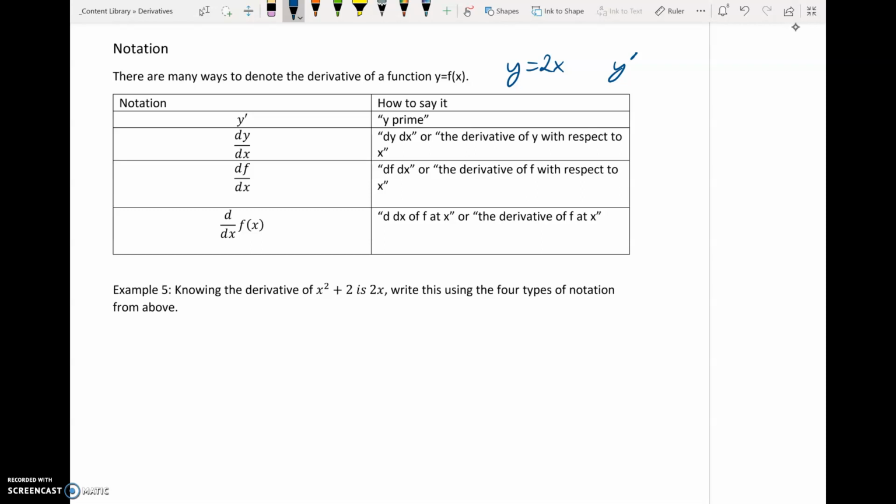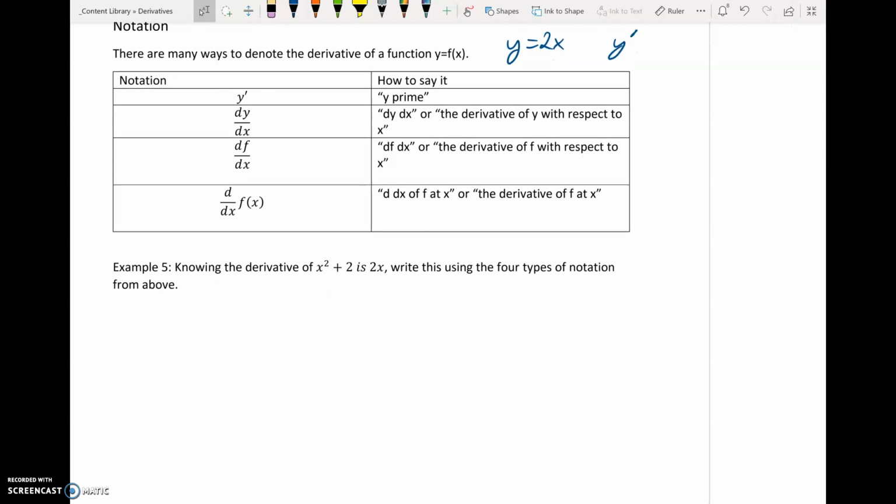You can commonly see that as well. You could also have df dx, or the derivative of f with respect to x. And then lastly, d dx of f of x, or the derivative of f at x. So this is all the same thing. You just need to familiarize yourself with the different ways of stating the derivative.